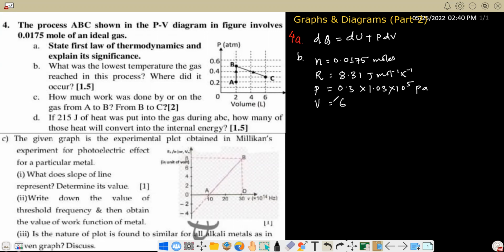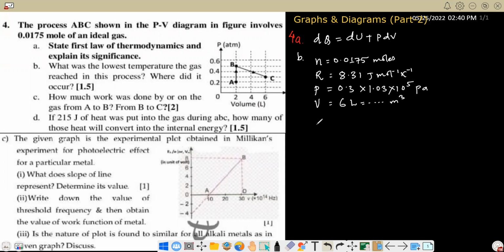So 1 liter means 1000 cc, and we can easily convert it into meter cube. 1 meter cube corresponds to 1000 liter. So the 6 liter given here we can convert into meter cube.